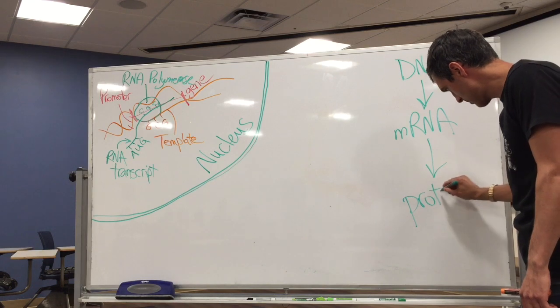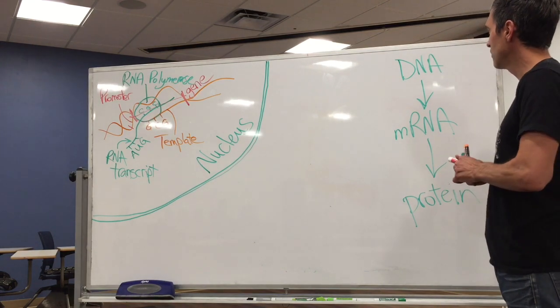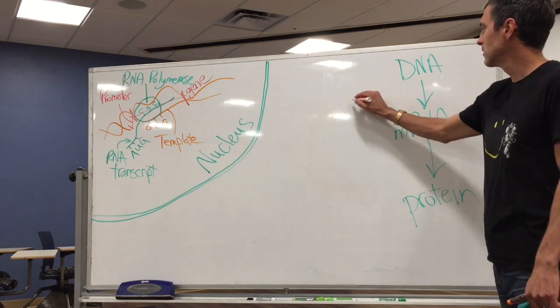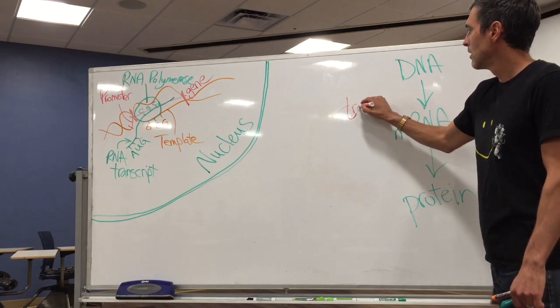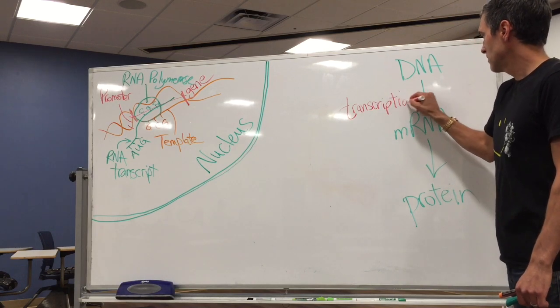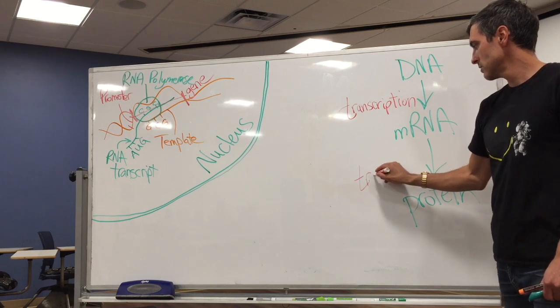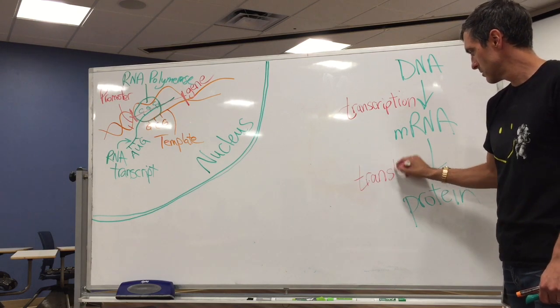The central dogma. What is the process called to go from DNA to mRNA? Transcription. And to go from mRNA to protein? Translation.